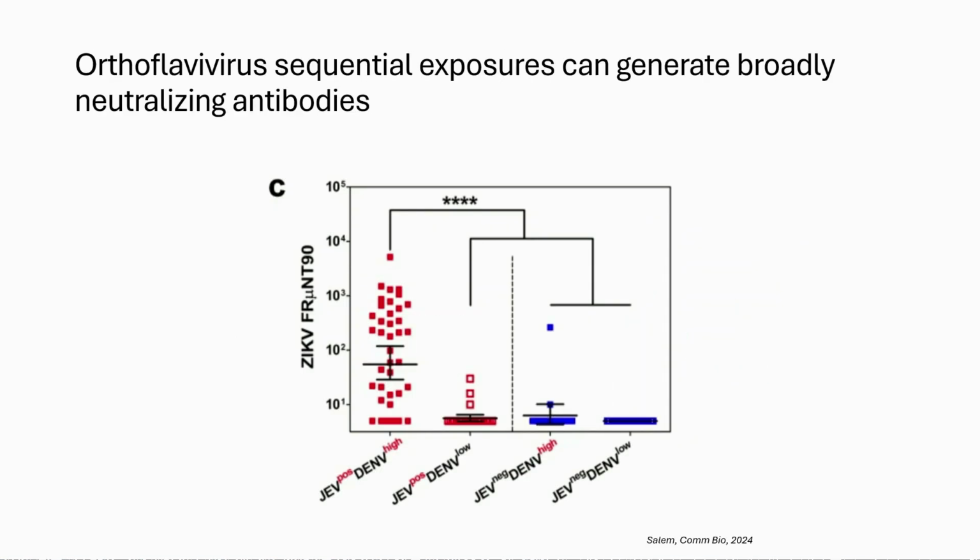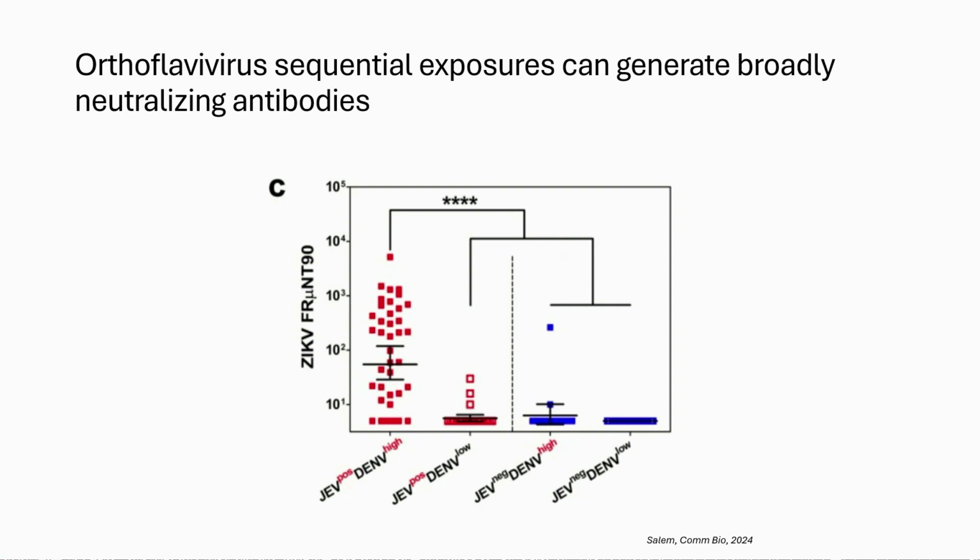This was a really nice study, I thought, based on a cohort in Taiwan where Zika did not circulate to a large degree. They had sporadic cases in travelers. And looking at the potential to neutralize Zika in individuals who had had various types of other flavivirus exposures. And so they're presuming that the vast majority of this cohort was not Zika exposed.